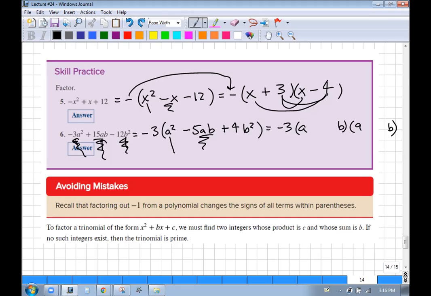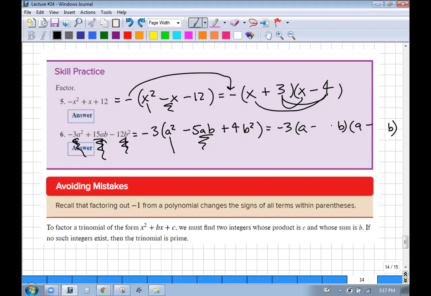Let's look at our numbers. We have a +4, but this is negative. So that means these both have to be negative because a negative times a negative gives us a positive, but a negative plus a negative gives us a negative. Now we need two numbers that multiply to give us a +4, but add to give us -5.